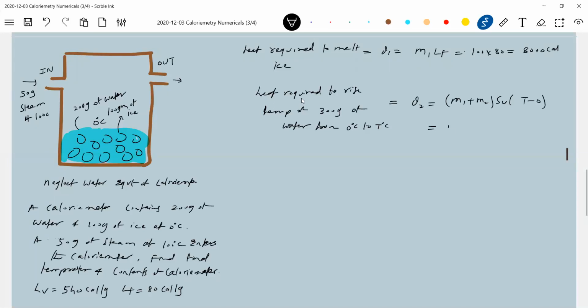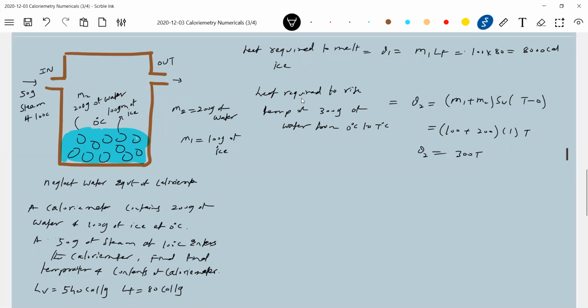What is M1? 100. What is M2? M2 is 200 grams of water. These are the symbols. So 300T. What shall I do now? How to get that temperature T?